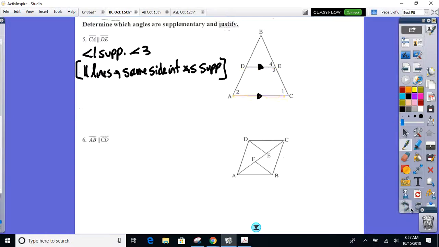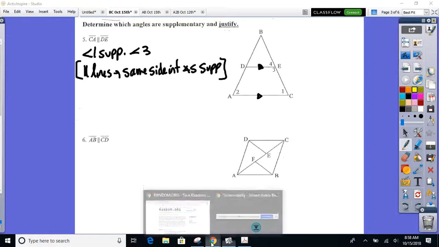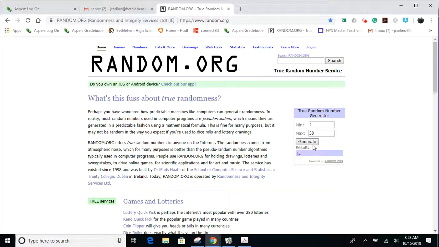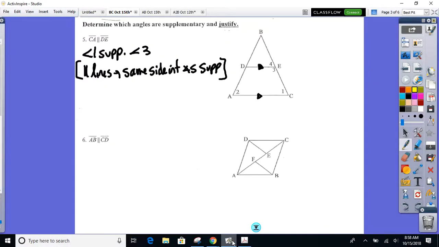Okay, there is another pair up here that have absolutely nothing to do with parallel lines that I definitely know are supplementary. And I just use the numbers here. See any?